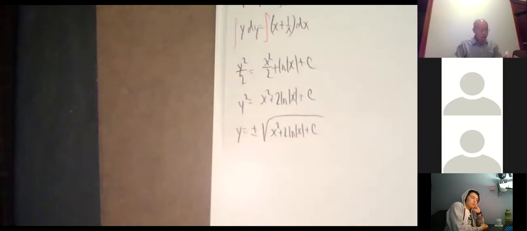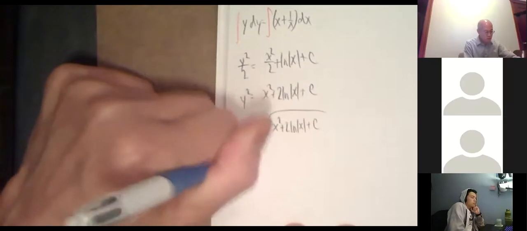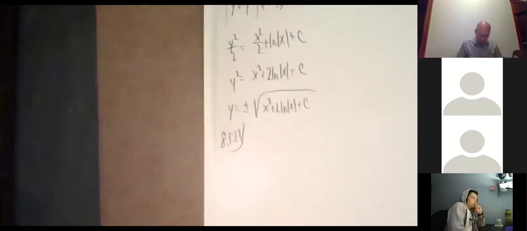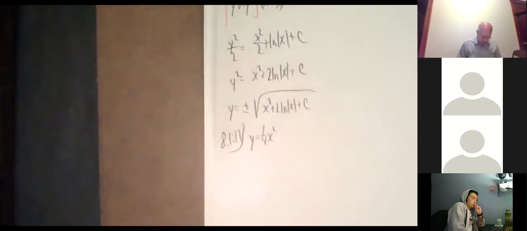Okay, 8.117. y equals 1/4 x squared minus 1/2 ln x. x is going from 1 to 2.